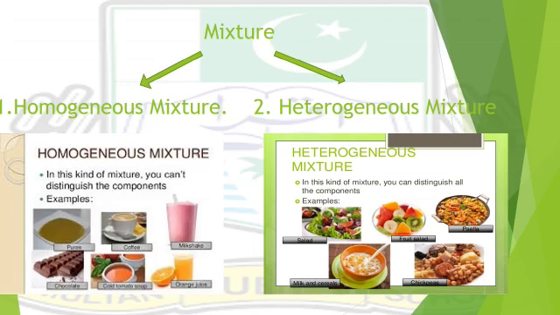A heterogeneous mixture does not have uniform composition and we can distinguish all the components of a heterogeneous mixture easily. For example, salad and fruit salad do not have uniform composition, so they are heterogeneous mixtures.